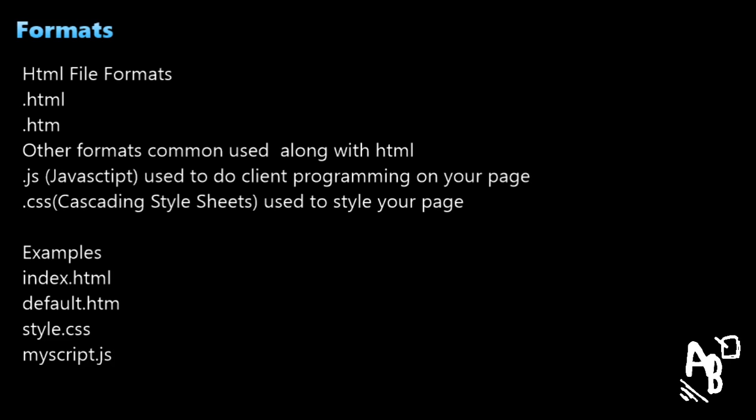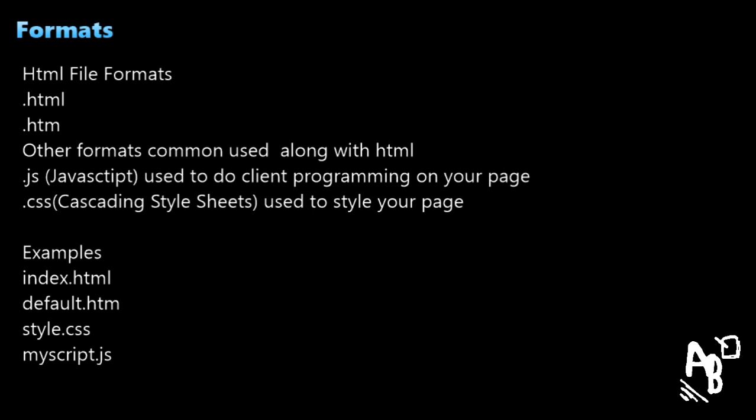All right, here are your basic formats for HTML: .htm, .html, and that's it. Other formats commonly associated with HTML are .js, which is JavaScript used to do client-side programming for your page, and .css, cascading style sheets used to style your page and make your page look pretty.